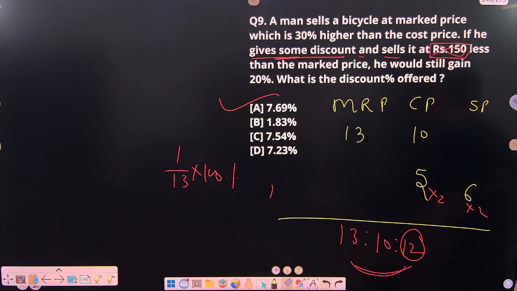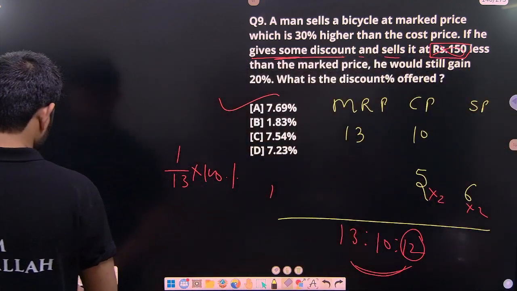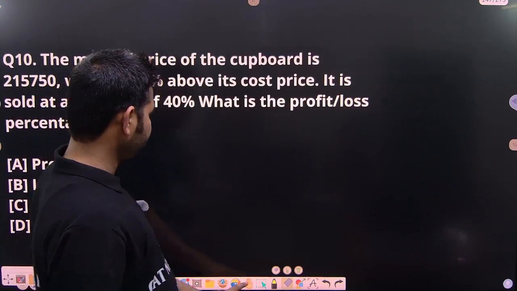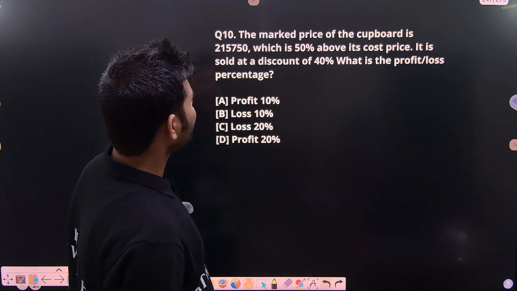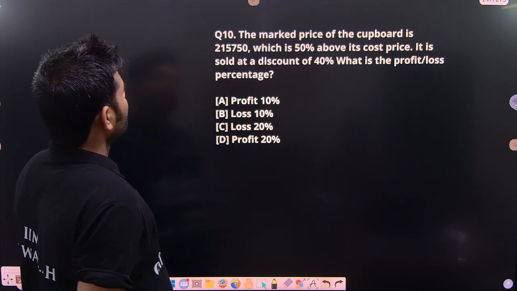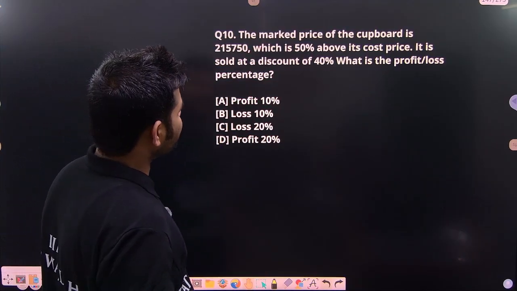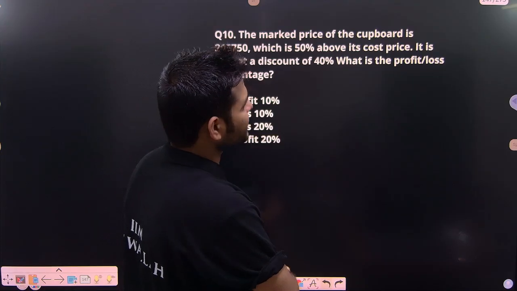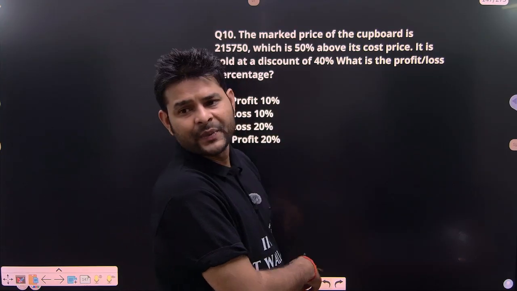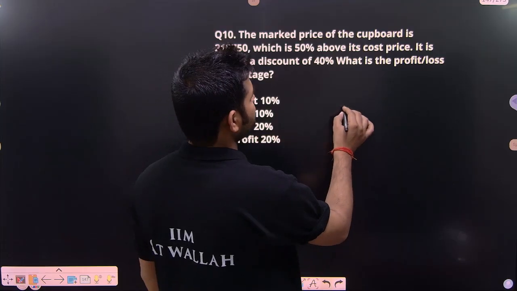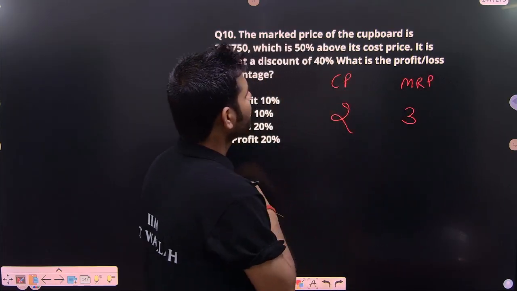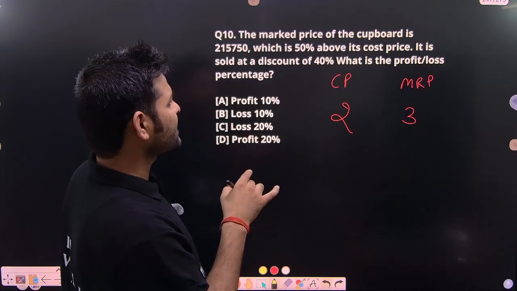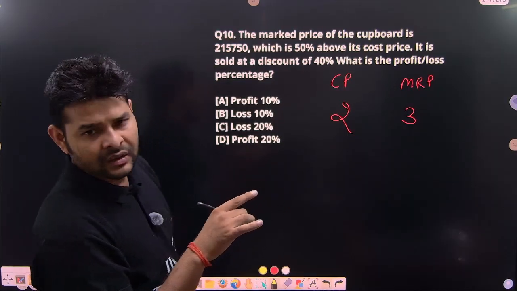Yes, the next one of the same type. Question 10 says the mark price of a cupboard is 21570, which is 50% above its cost price. So 50% means 1 upon 2. So CP is 2, MRP would be 3. It is sold at a discount of 40%. 40% means 2 by 5.